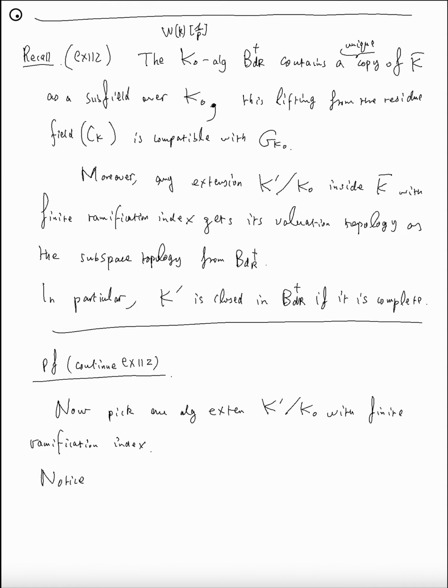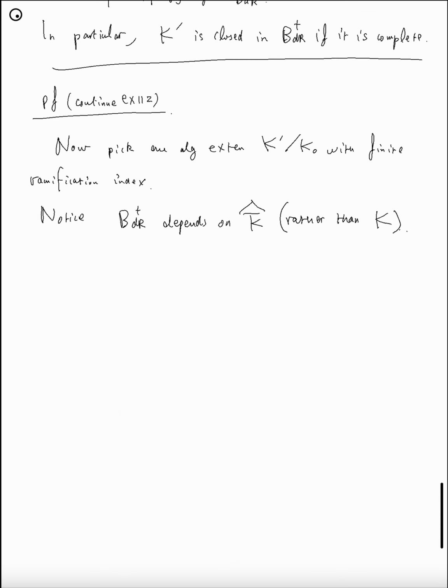Notice the construction or the definition of B_dR doesn't depend on K, but rather on the completion of K bar, because by the definition what you only use is R as the limit of C_K, so this is O_CK quotient by p, and then you construct W(R), and then W(R) inverse p, then quotient by the kernel power, and then take the limit, right?